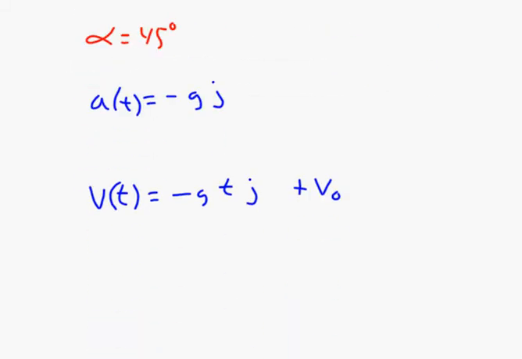This is going to describe the velocity of our object as it moves, and then if we integrate again, we get the position function, which I'm going to call r of t. r of t would equal negative one half g t squared j plus t times v0 plus some constant, which is usually the initial position.